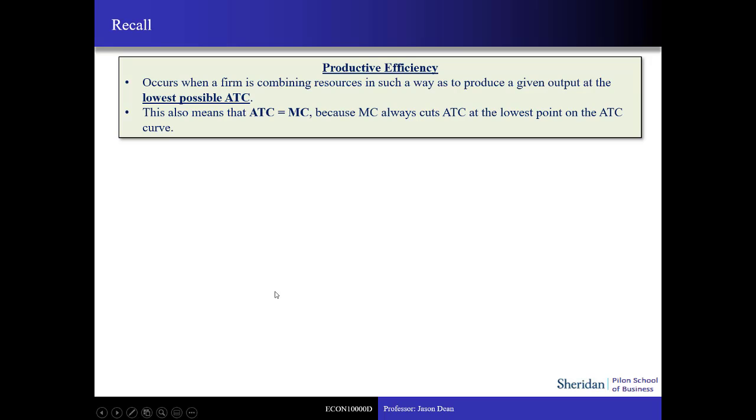So remember, productive efficiency occurs when the firm is producing at the lowest average total cost. Okay, and so this occurs when the price equals the minimum average cost. You remember from perfect competition. And so we're going to think about whether or not a firm in a monopolistic competitive industry achieves this.